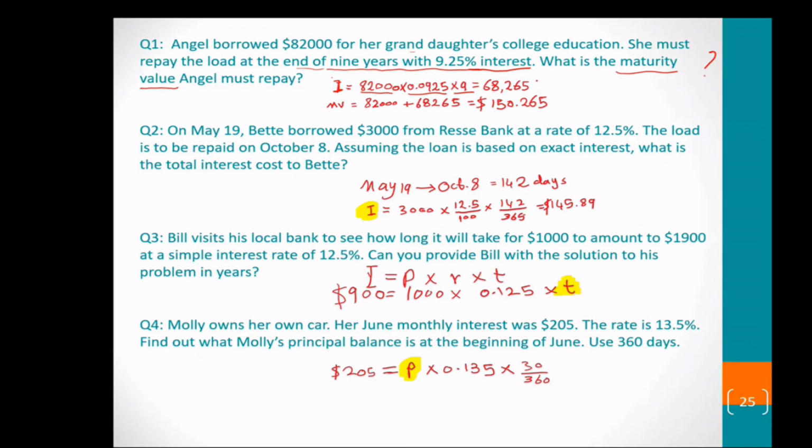So the answer is $68,265. Maturity value is this 82,000 plus this interest.